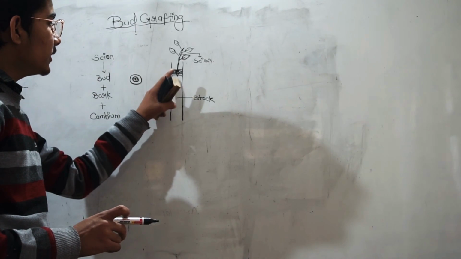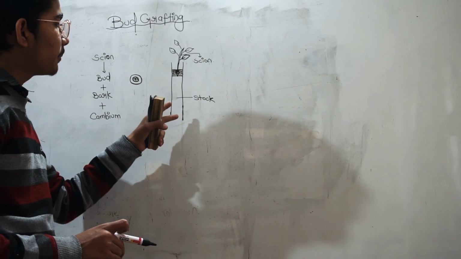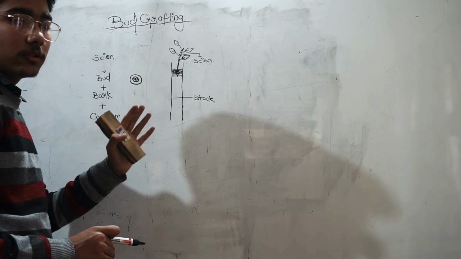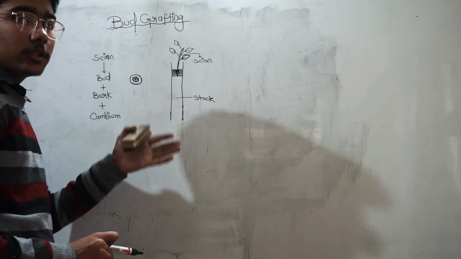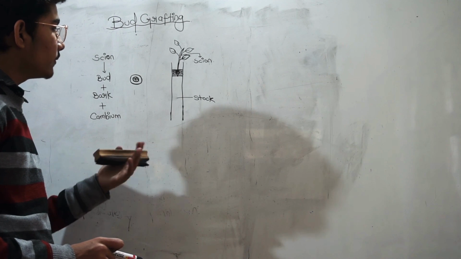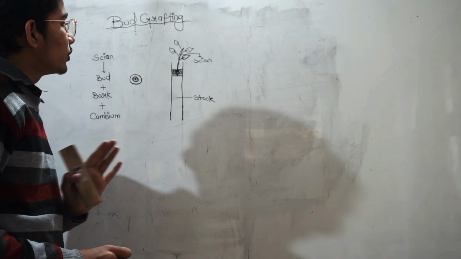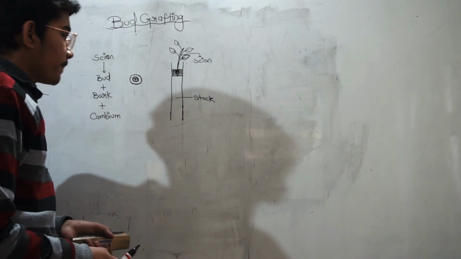And after placing it, the bud will reach towards the water and the food present inside the plant, and after getting that supply of food and water, it will sprout and produce a shoot system like this.